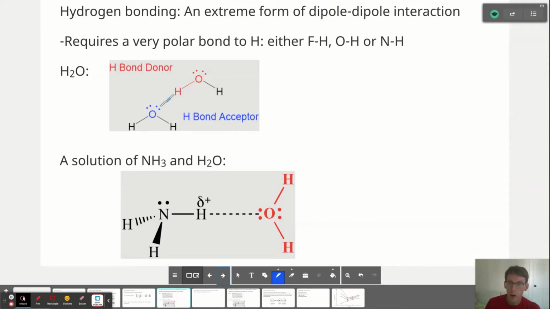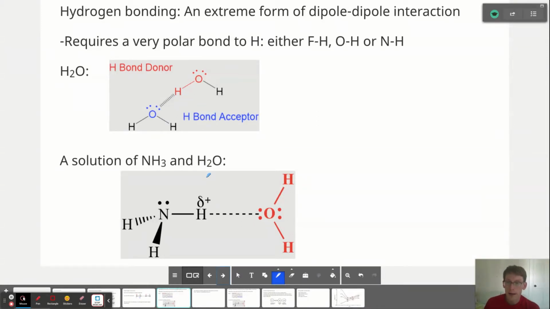So when we have water, there will be a donor and acceptor: one atom accepting the hydrogen, and another molecule donating the hydrogen. And that's how it works with water.